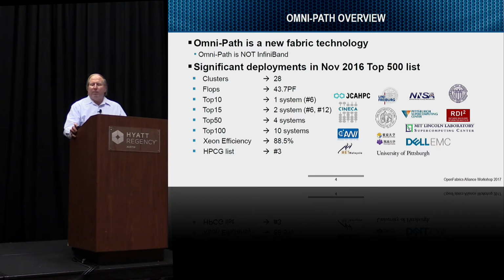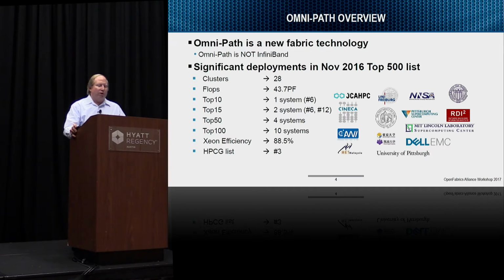We've been shipping Omni-Path in production all year now. And on the Top 500 list as one litmus test, we had quite a few systems with Omni-Path in them, including a number 6 system at the Joint Center for Advanced HPC in Japan, and very good efficiency demonstrated on many of the systems.